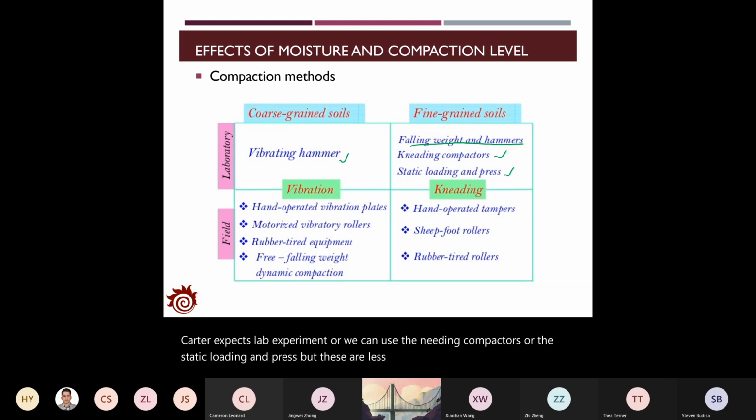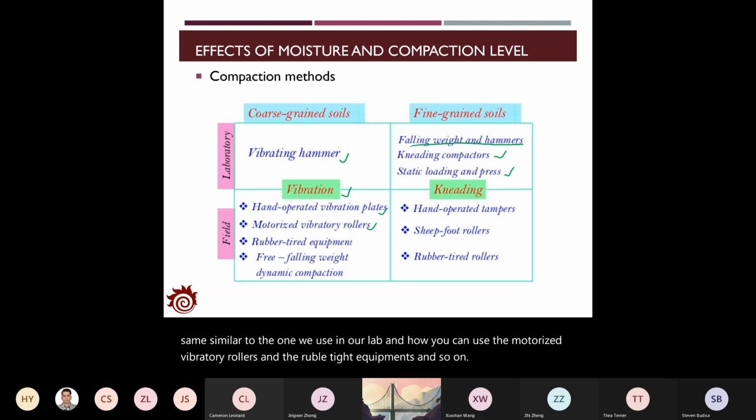In the field, for the coarse-grained soil, vibration is very common. So you can use the hand-operated vibration plate, which is similar to the one we use in our lab, and you can use motorized vibratory rollers, rubber-tire equipment and so on.